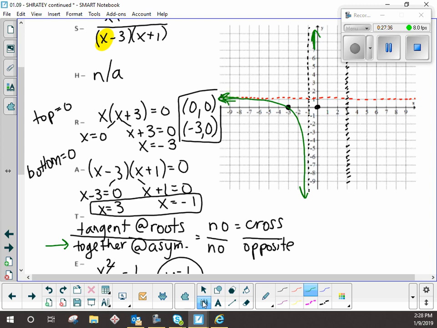Okay. So now I have to pass through the 0, 0. It is not going to bounce, because we already figured that out. It's going to cross. And it's going to keep going, the x is going to keep going to the right. And it's going to approach that asymptote.